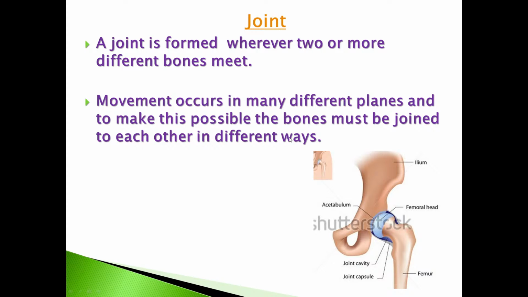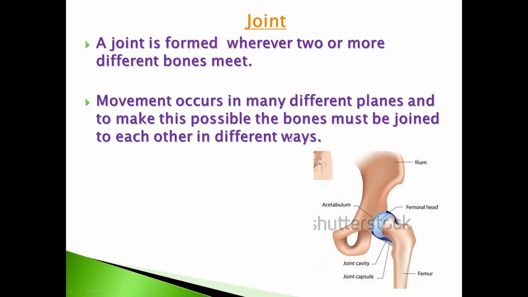So joints. Generally speaking, the definition for a joint is a place where two or more bones meet. Therefore one bone cannot form a joint. As you can see for the first pointer, a joint is formed whenever two or more different bones meet.